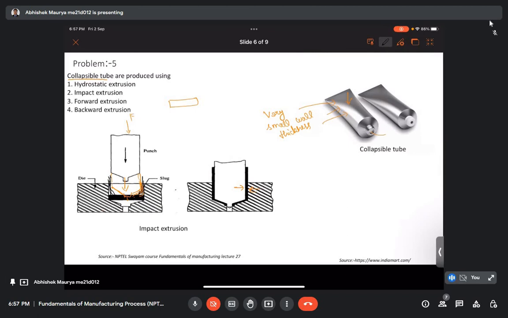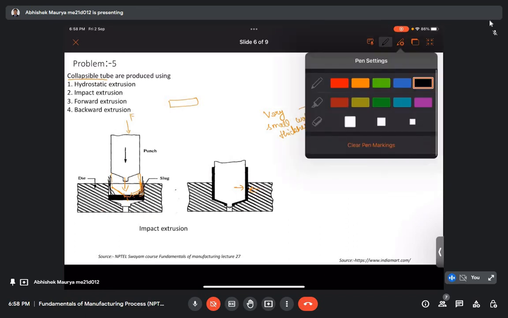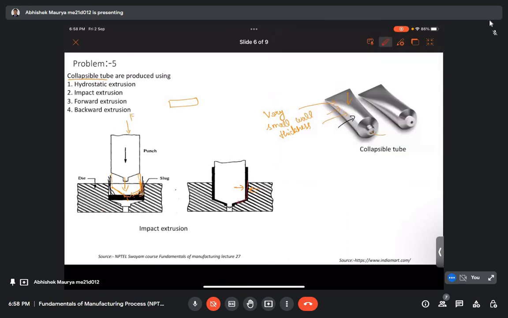This gap has a similar thickness to this collapsible tube. So because of this impact load, in a very small amount of time, the slug gets deformed, and material flows very quickly in between the thin gap between the die and the punch.